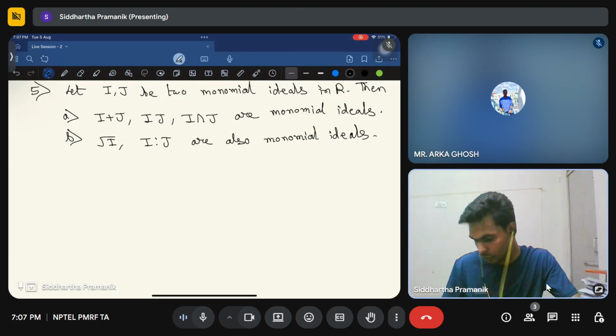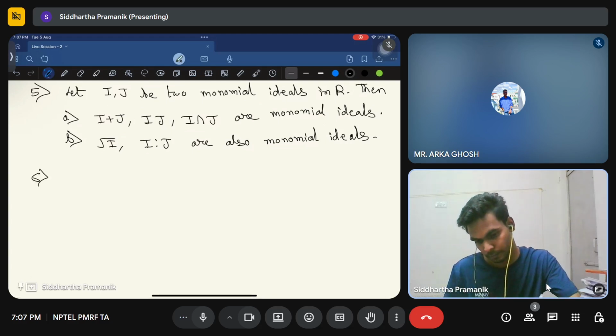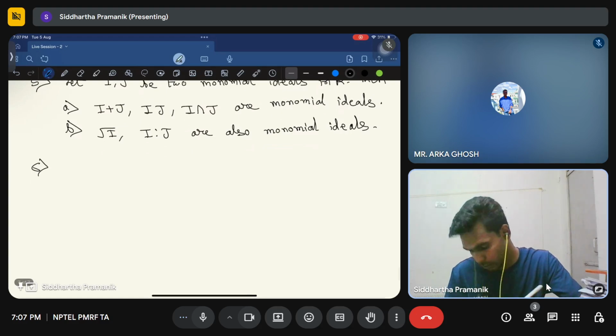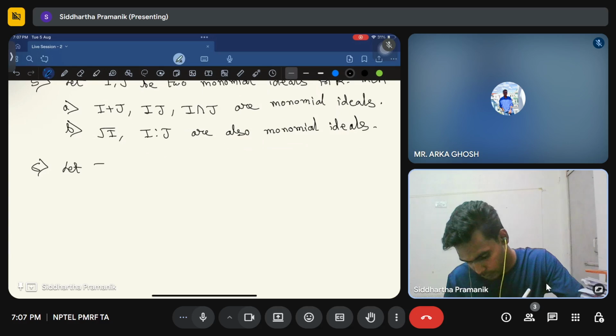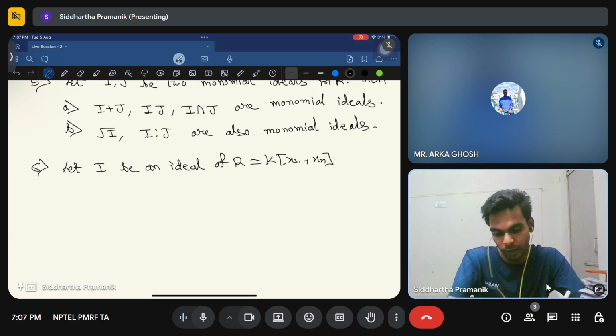Okay, so let's do some problems from the practice problems. Let I be an ideal of R, where R is the polynomial ring k[x1, ..., xn] with a given monomial order.